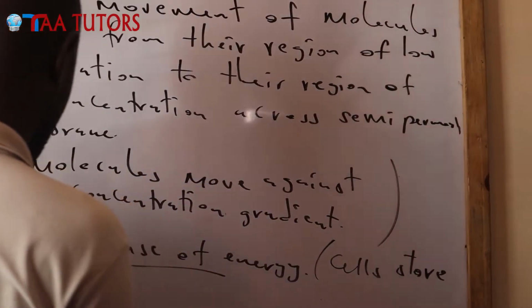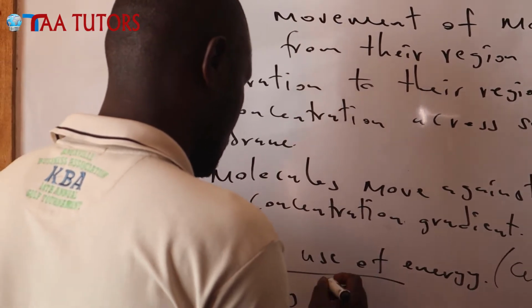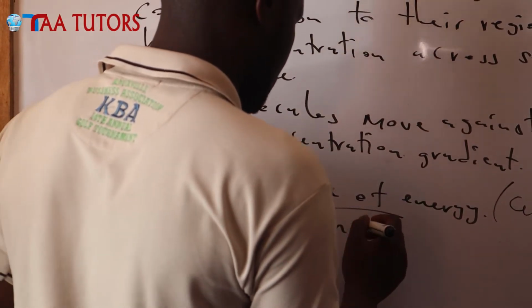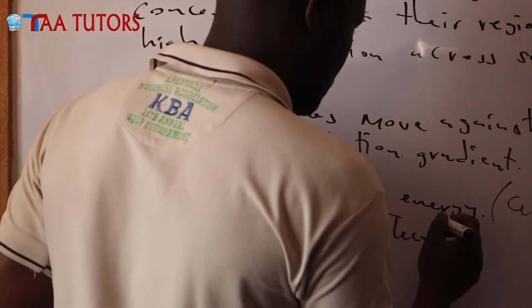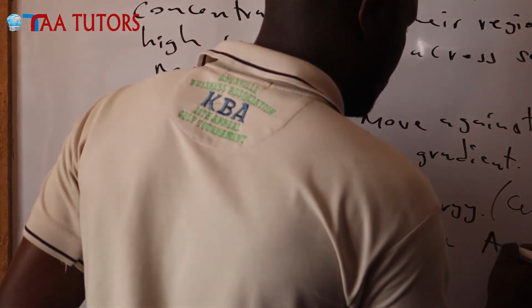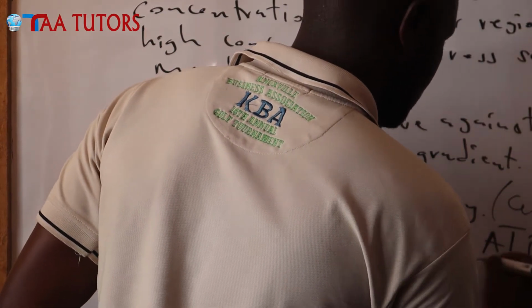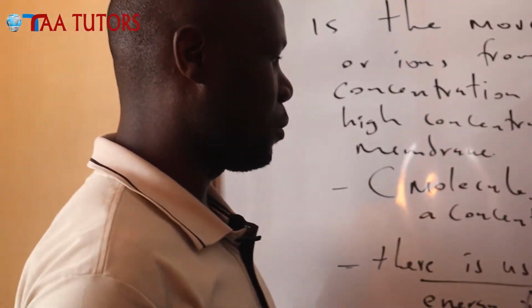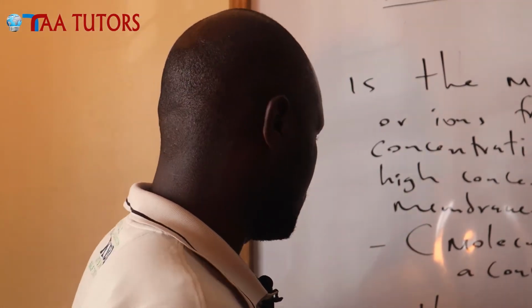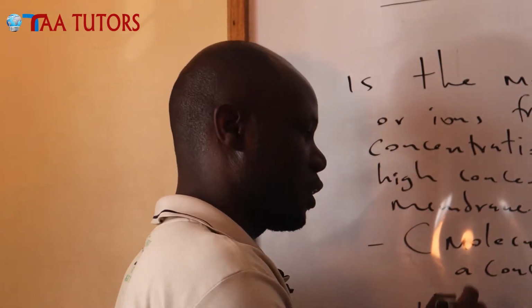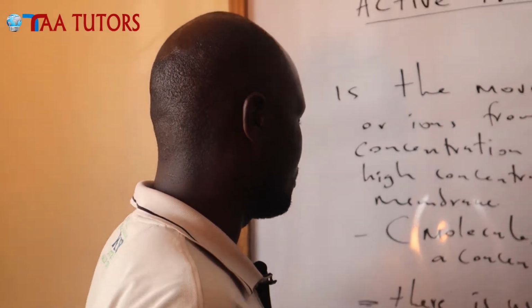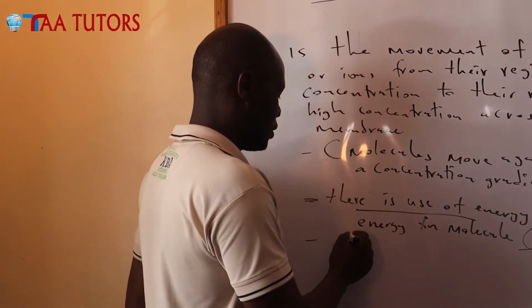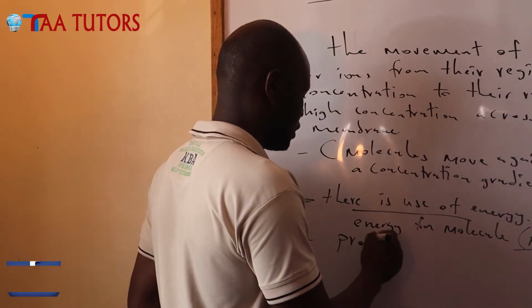Cells store energy in a molecule called adenosine triphosphate. So this is a molecule that is required for the active transport to take place. And in this case, these particular molecules that are going to pass across the membrane, we also need what are called protein carriers.